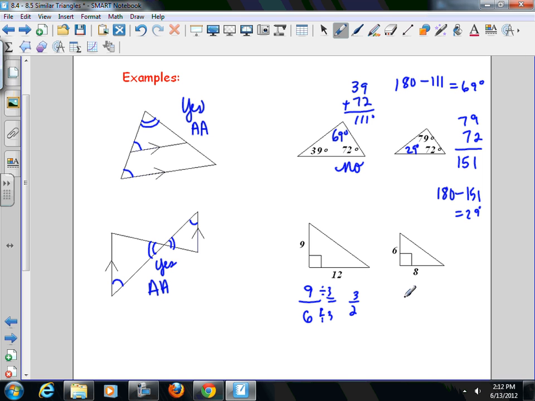Well, the other sides: 12 corresponds to 8. So if we divide each by 4, we end up with 3 over 2. So it looks like those are proportional. So we have side, angle, side, which allows us to prove the triangles are similar. So they are similar by this concept of side, angle, side.